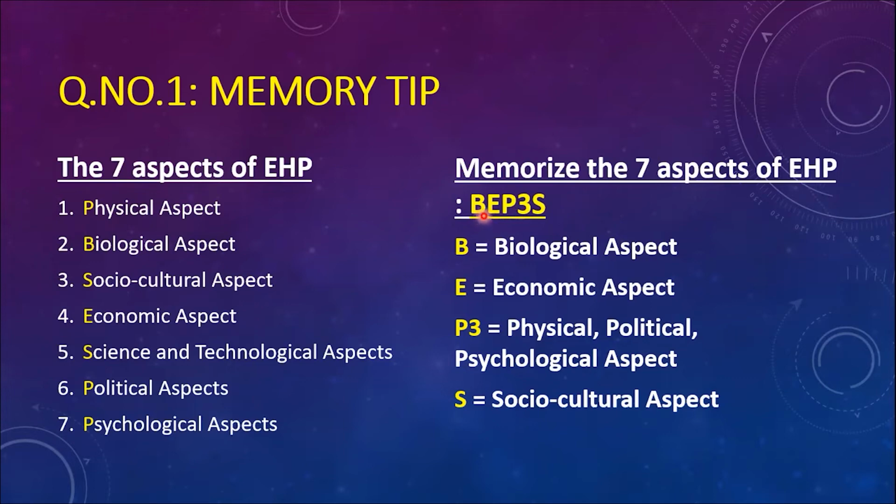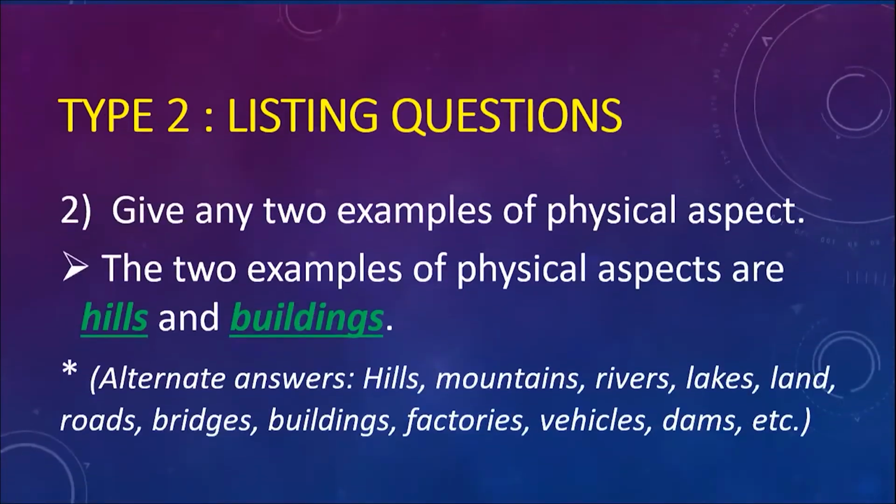There are 3 P here, so you can say BEPS, beeps, and you remember 3 there. So let's see beeps. B means biological aspect, E means economic aspect, P3 means physical aspect, political aspect, and psychological aspect. There are 3 P's, so you can say P3, and S means socio-cultural aspect. So if you remember this beeps, you can remember these all 7 aspects.